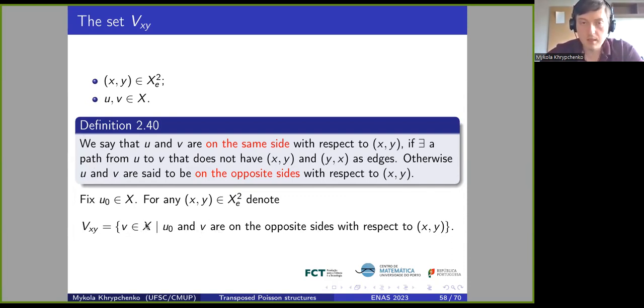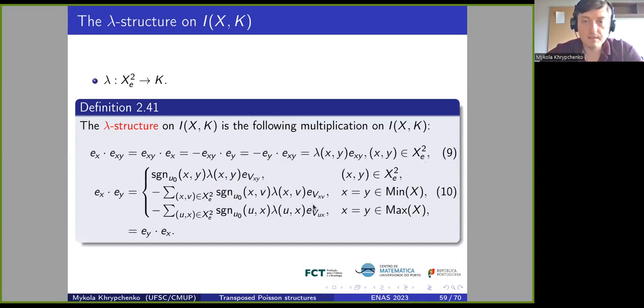So given any map defined on extreme pairs with values in the field, I can define the multiplication. Given an extreme pair, I multiply exy and the result equals lambda xy exy.